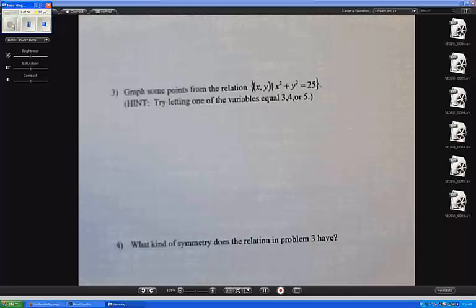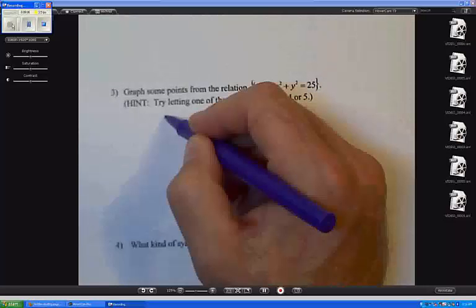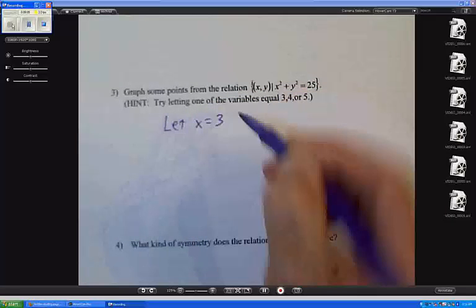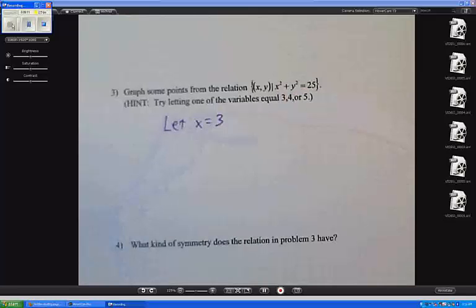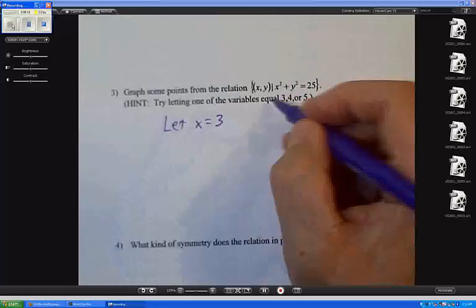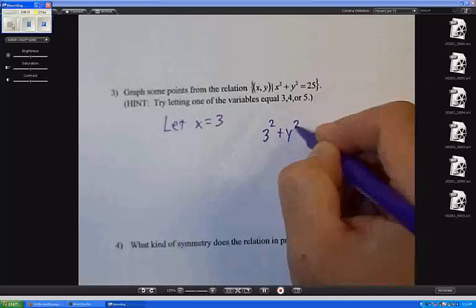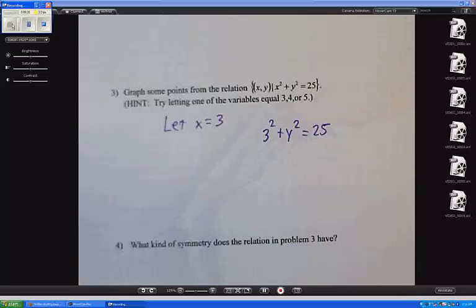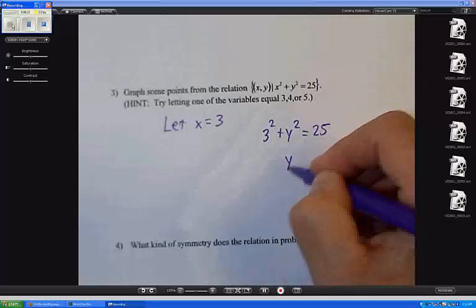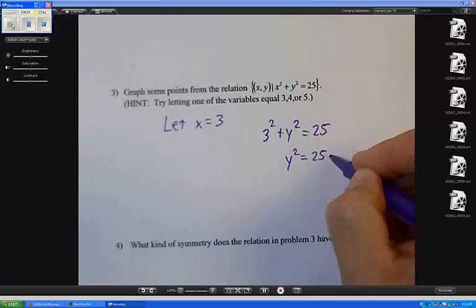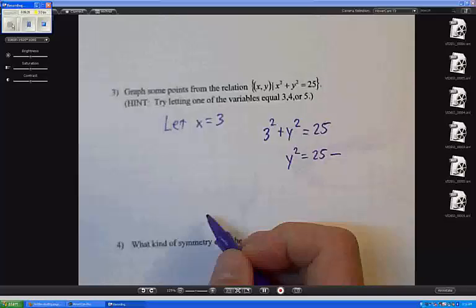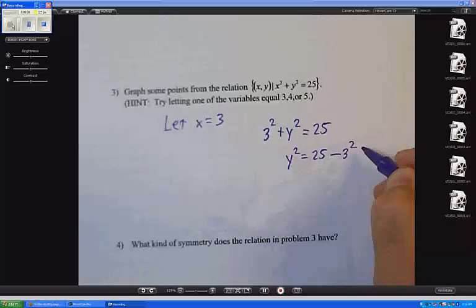Hey, let's talk here. For number 3, I said, hint, try letting one of the variables equal one of these guys. So let's let x equal 3 and see what happens. Then my equation would say 3 squared plus y squared equals 25, right? So y squared is equal to 25 minus 3 squared, 25 minus 9, so y squared equals 16.